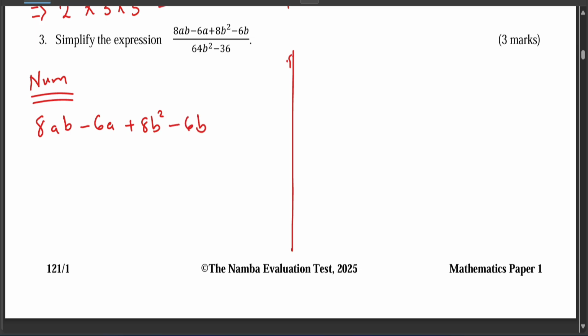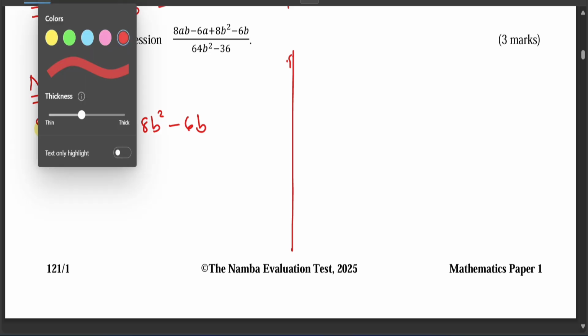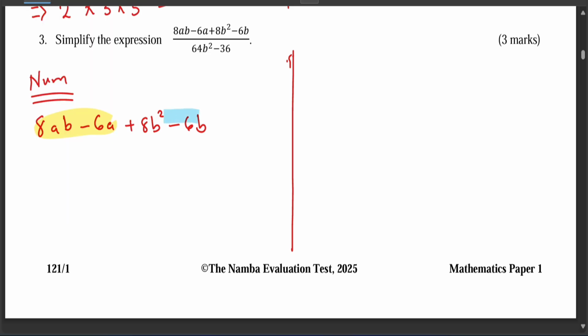So tukiangalia hapa tutafuta common factor ya hapa, and then tutafuta common factor ya hapa. So yeah, the common factor in the first group, which is 8ab minus 6a, ni 2a.